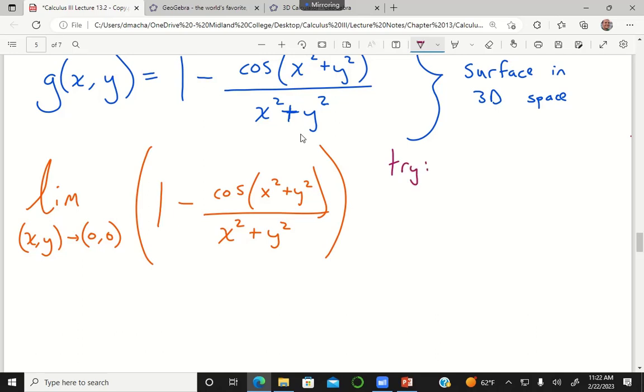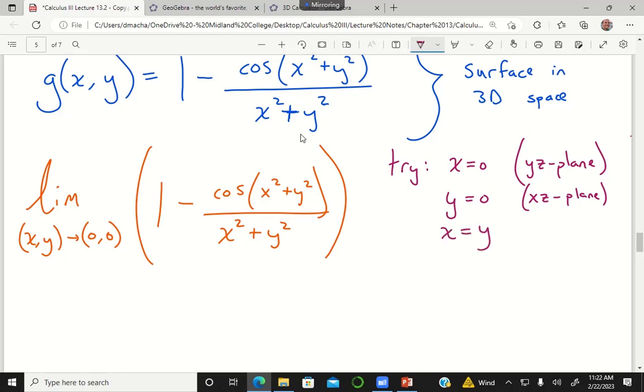Remember, x equals 0, that's also called the yz plane. And then I might try the trace on the plane y equals 0. That would be the xz plane. And then I might try the trace on the plane where x equals y, and then try the trace on the plane where x equals negative y.